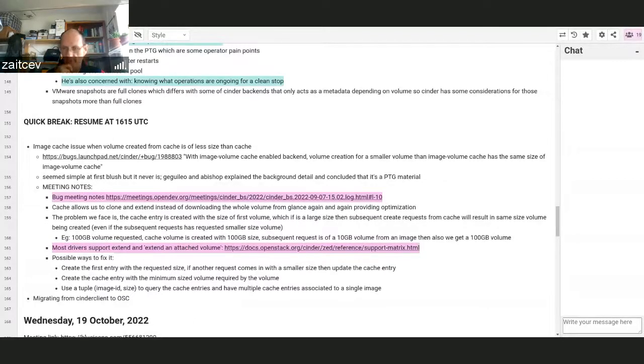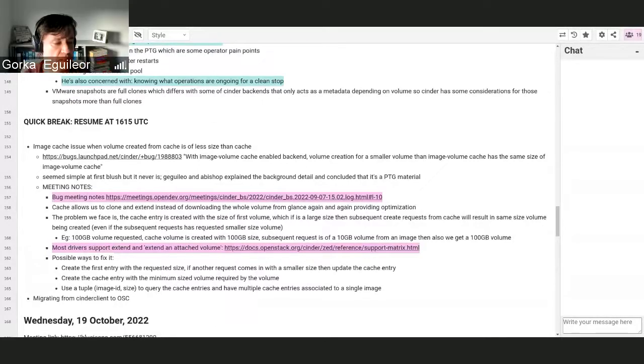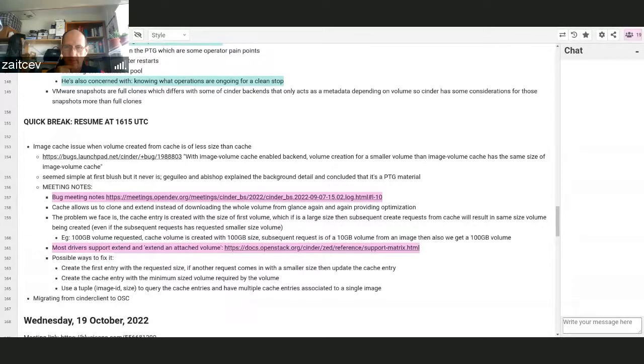We can say, okay, this is the minimum size that this image will fit, so we create it at that size. So in the normal process, we have a way to figure out the actual minimum size. All right, I think I got it.